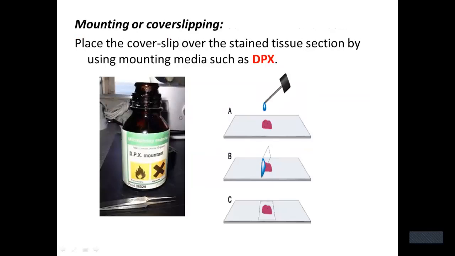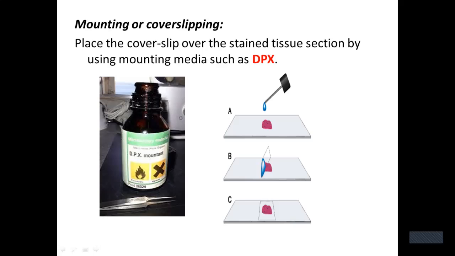Mounting or covering is a very important step to preserve the slide for a long time. Place the cover slip over the stained tissue section using mounting media such as DPX, or sometimes Canada balsam.